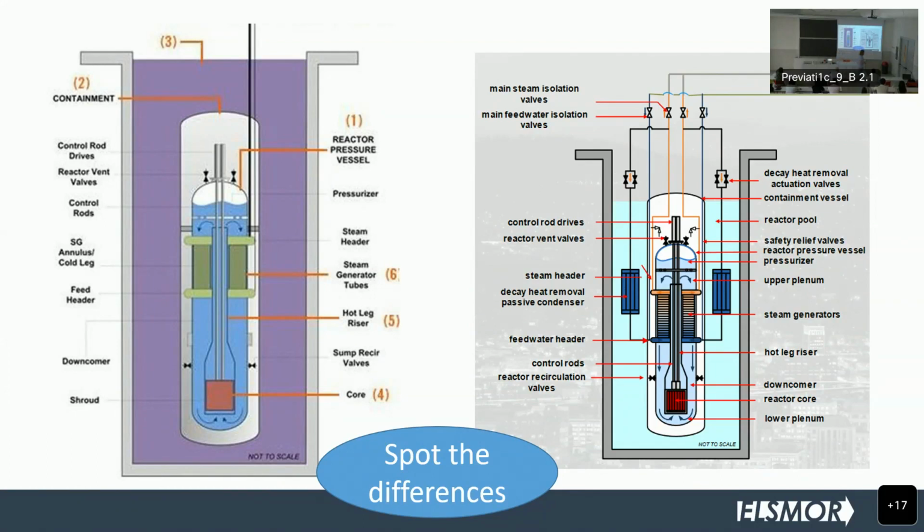Okay, but you can see here the decay heat removal passive condenser, which is basically taking heat from the secondary circuit and putting it into the pool.